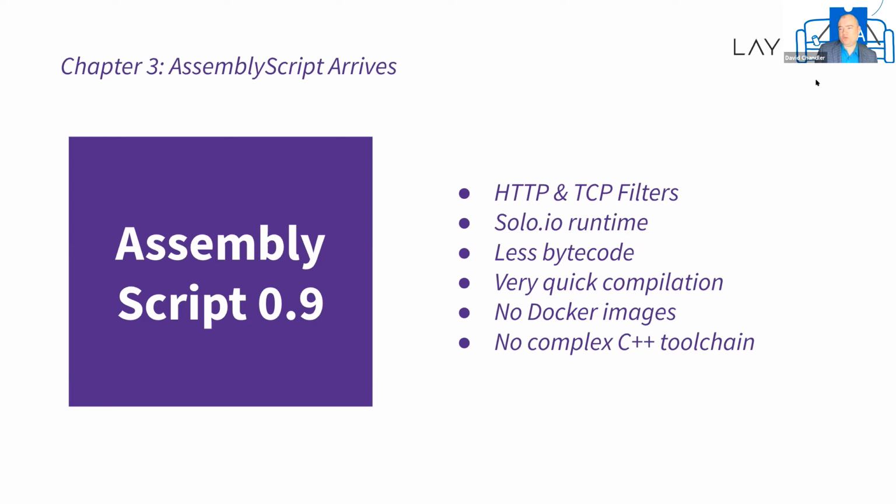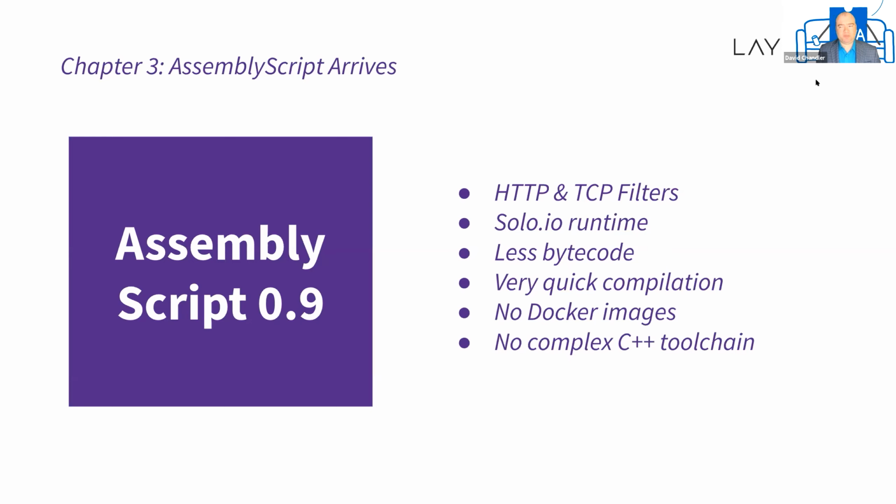So when you're writing in AssemblyScript, we started at AssemblyScript 0.9. AssemblyScript is a new language that's made just for WebAssembly. It's not a subset of TypeScript, but it kind of seems like it. And it's moving fast, the language.